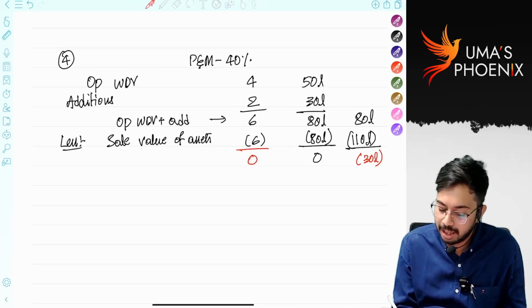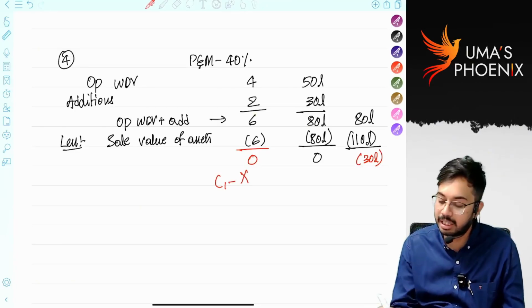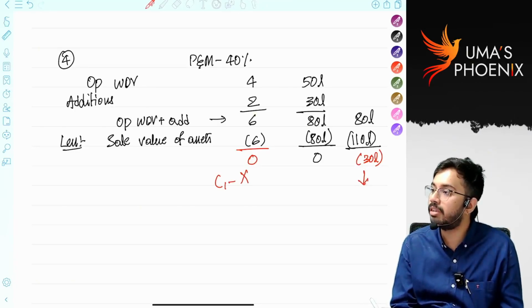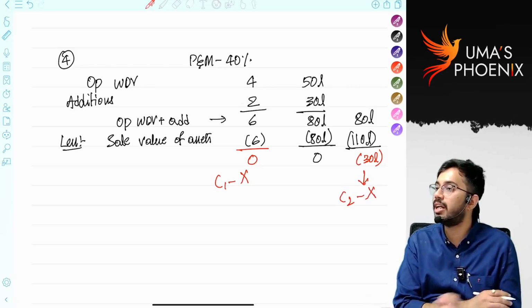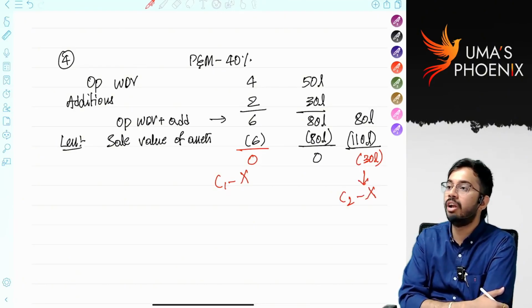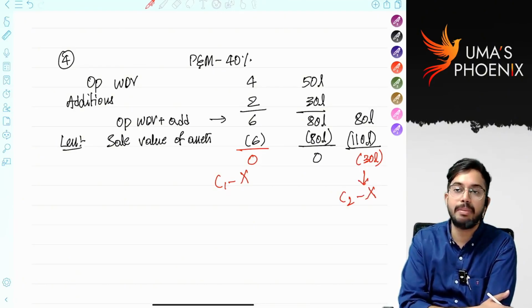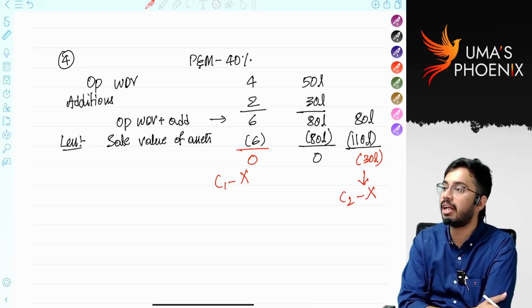Are there assets in the block? There are no assets in the block. Condition 1 not satisfied. Whether block is having positive value, no, block is not having positive value. Both the conditions are not satisfied. In this case, will you calculate depreciation? You will not calculate depreciation. Will you claim depreciation? You will not claim depreciation. In this case, you are required to calculate capital gains.